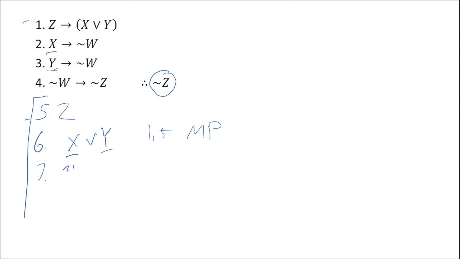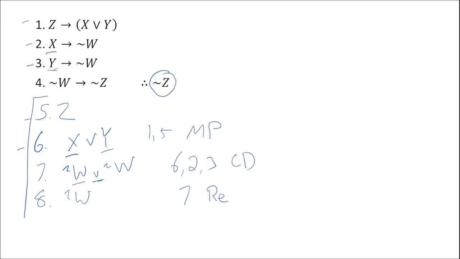And so what this gives me is tilde W v tilde W from 6, 3, constructive dilemma. Because this is a v, we can't use simplification, but we can use another rule. We can use redundancy.